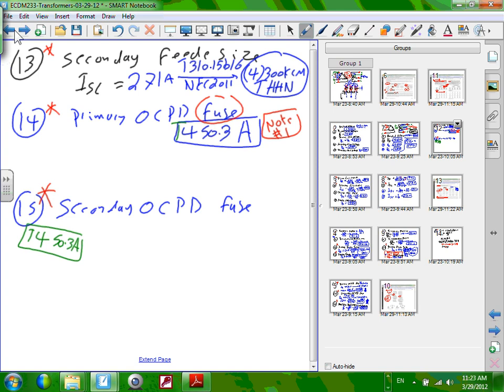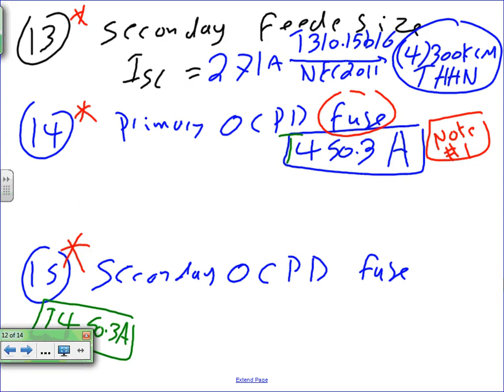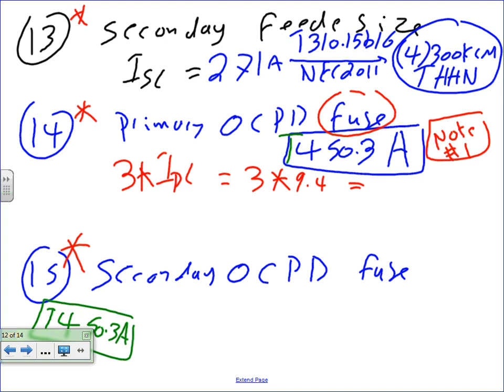Okay, so let's go back quick here to the fuses. Now that we know what the fuses are, I'm going to go directly and write my fuse on the primary. On the primary, can you see the number one that says go up? What was the multiplier? 3. So I'm going to use red here because it's a different color. I have 3 multiplied by the I primary line, which was 9.4, and if you do that, you're going to end up with 28 amps, not a whole lot.